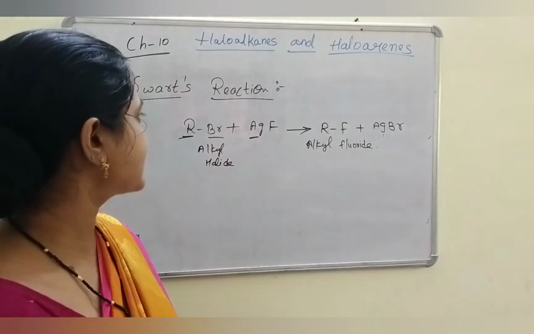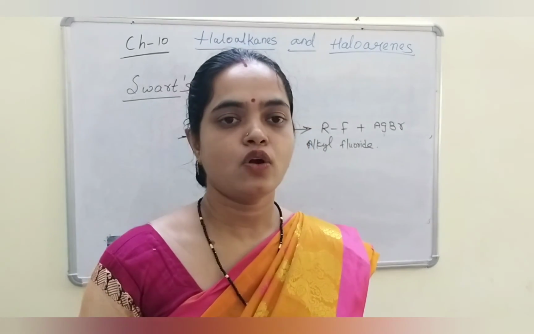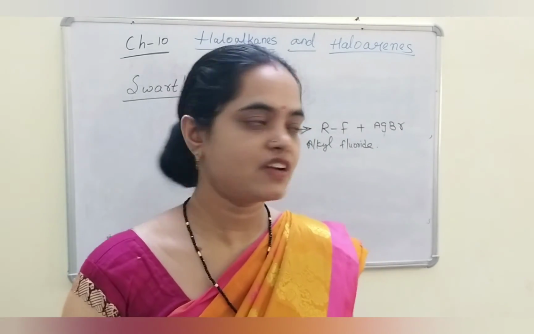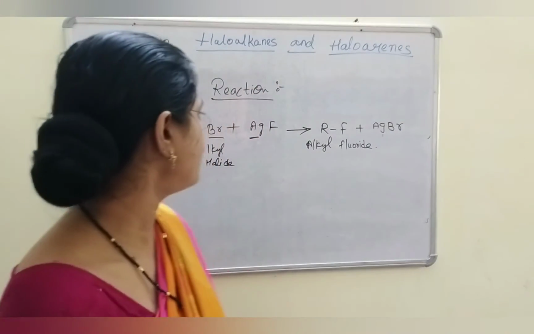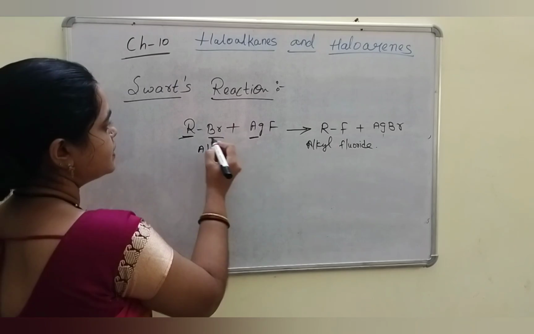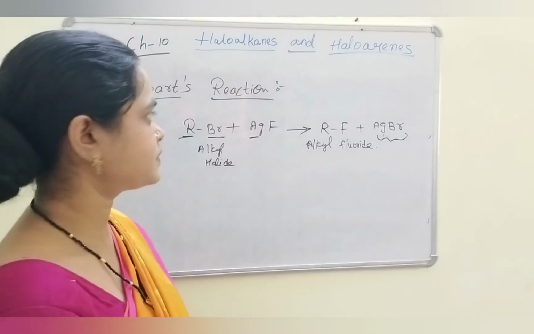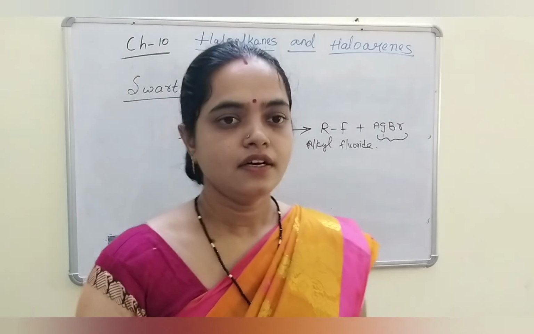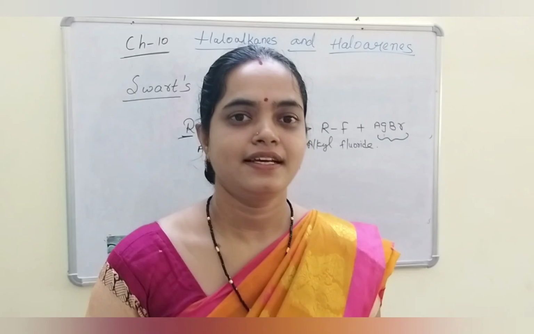And in the Schwarz reaction, alkyl halides treated with metal fluorides like cobalt fluoride, mercurous fluoride, silver fluoride form the corresponding alkyl fluorides, and the Ag along with the halogen is removed as AgBr. So in this we completed the methods of preparation of alkyl halides. Thank you.